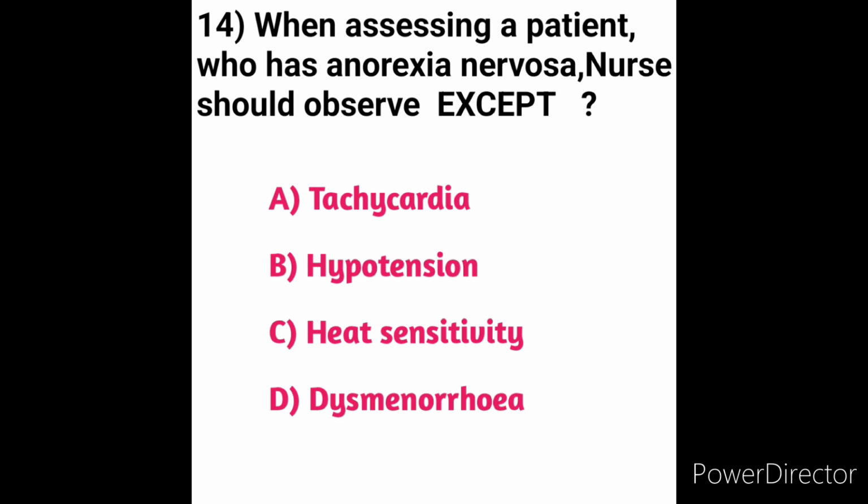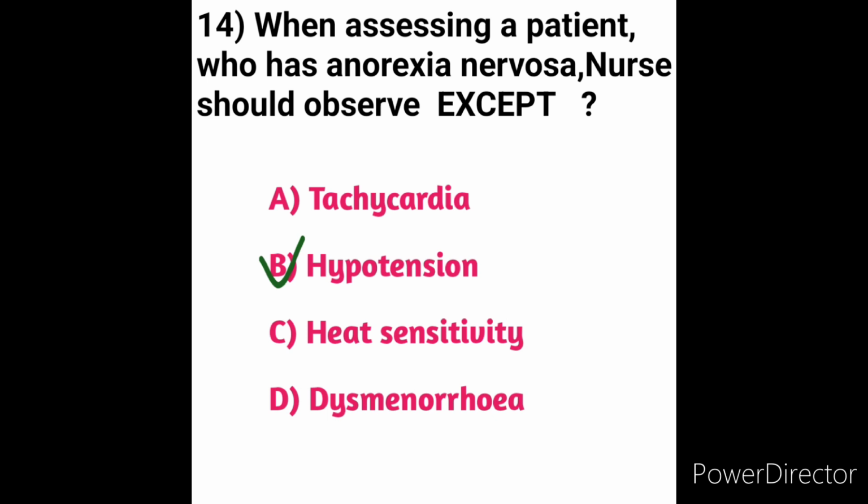Anorexia nervosa is a psychiatric disease in which patients restrict their food intake, eating less and exercising more. Symptoms include extreme weight loss, abnormal blood counts, insomnia, fatigue, dizziness, and bluish discoloration of the fingers.